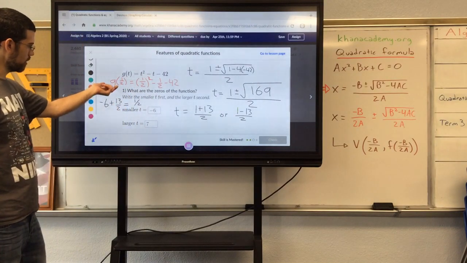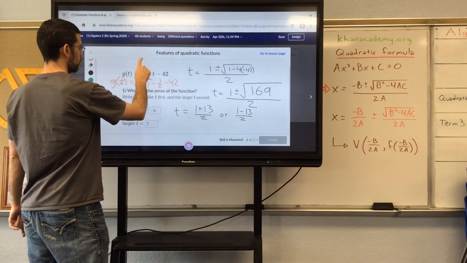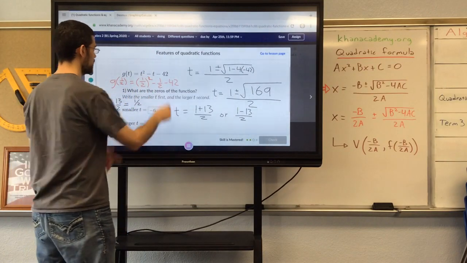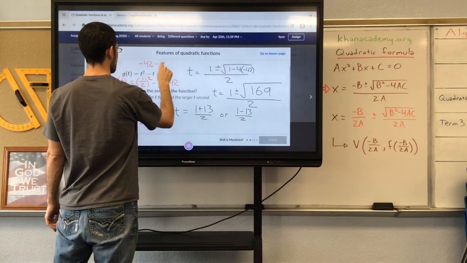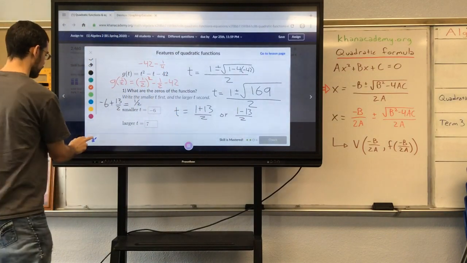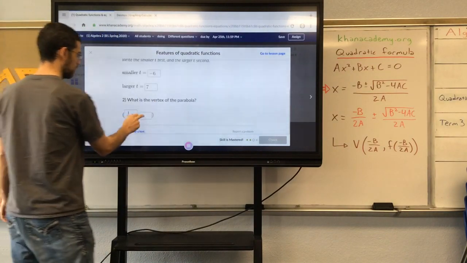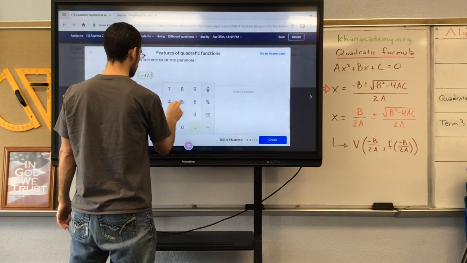That'll be our y coordinate. So 1/2 times 1/2 is 1/4. 1/4 minus 1/2 is negative 1/4. Negative 42 minus 1/4 is negative 42.25.